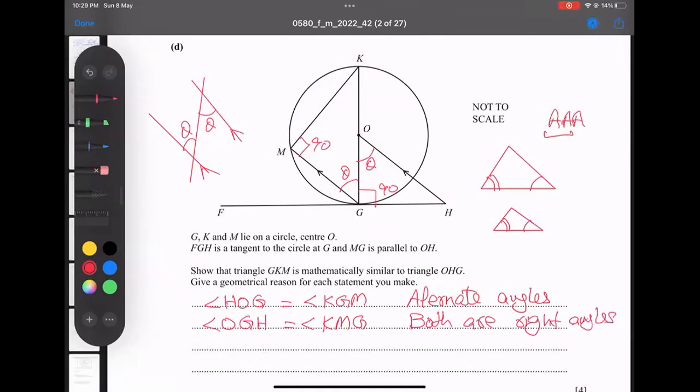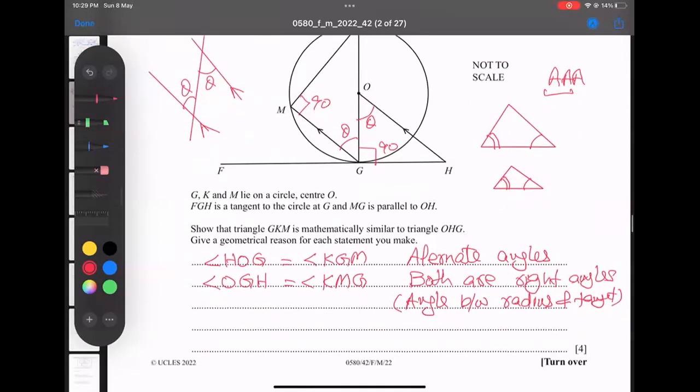Or you can say one reason is, properly you can write, angle between radius and tangent. Second reason you can say for this one, angle in a semicircle. Angle in a semicircle is 90 degrees. So I think it's clear.